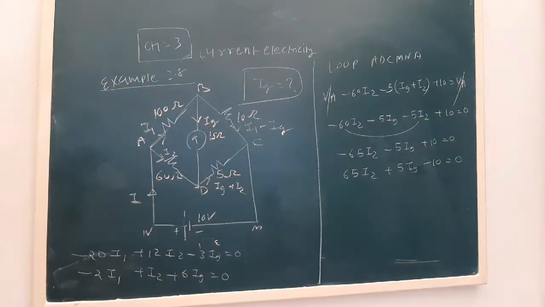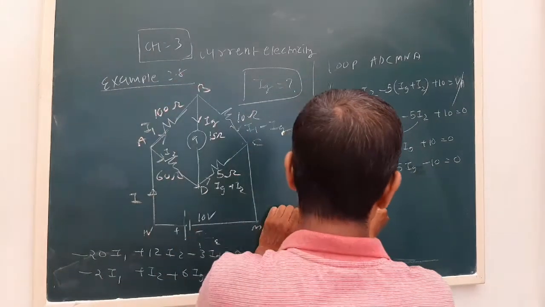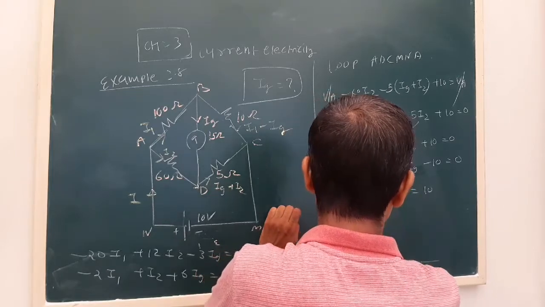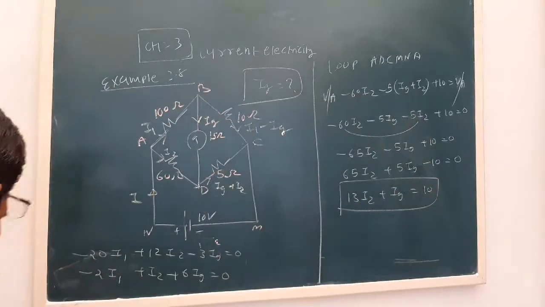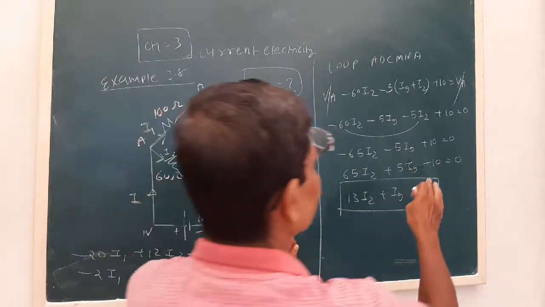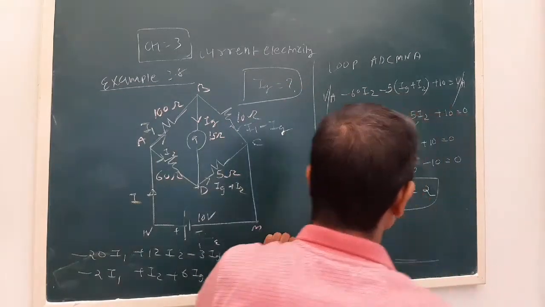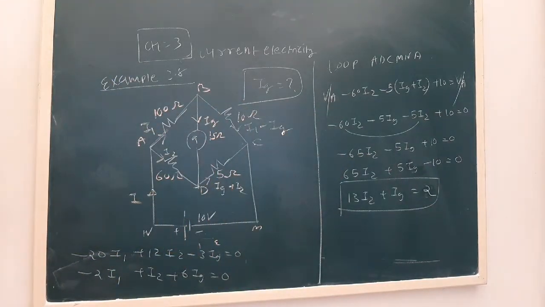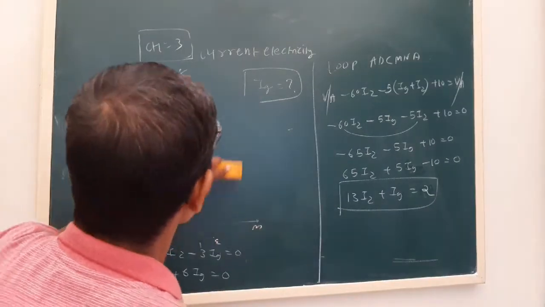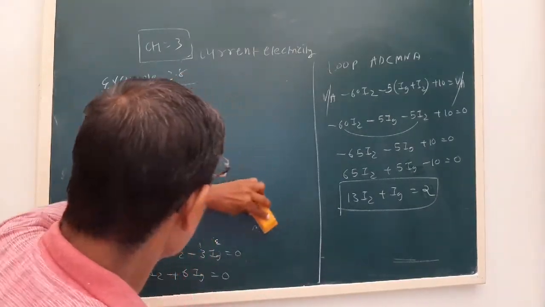These are all multiples of 5, so 13 I2 plus Ig is equal to 2. Now we want Ig, so we have to eliminate I1 or I2 from the equations. This is our set of equations.